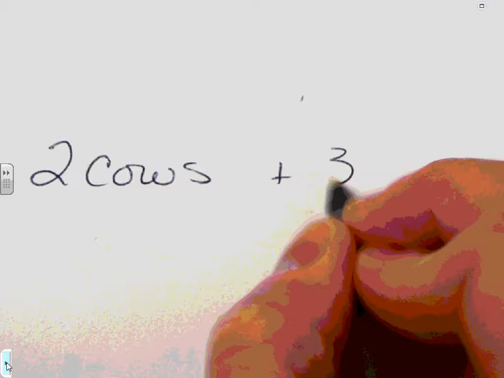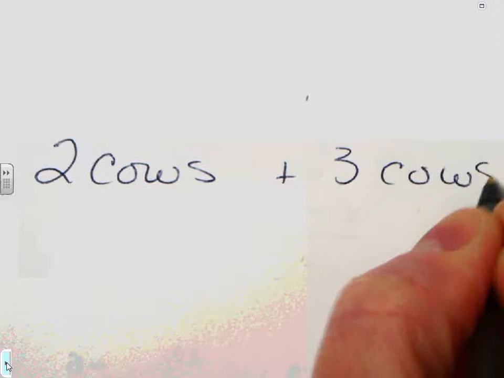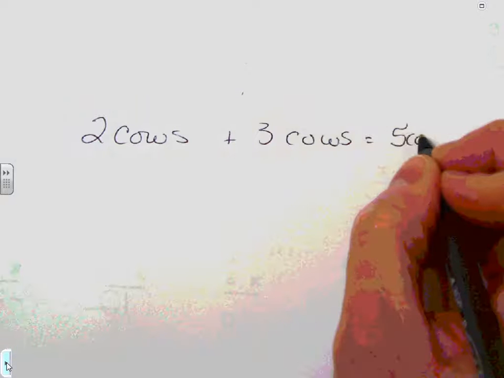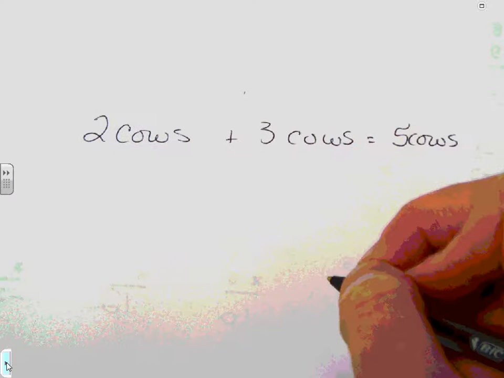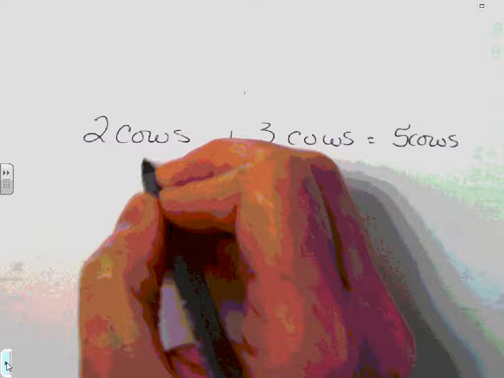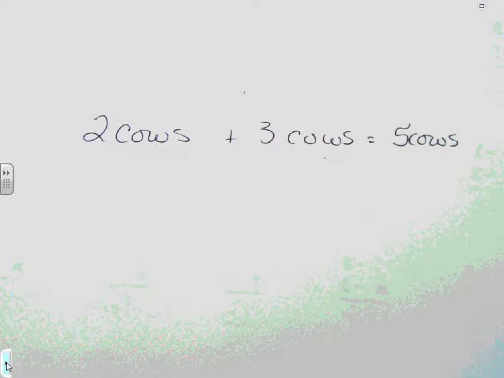For example, if I had 2 cows plus 3 cows, what would you tell me my answer is? 5 cows. Very nice. Now, I know it seems very basic, but it's a huge concept. You thought of cows as a label or a thing, right?